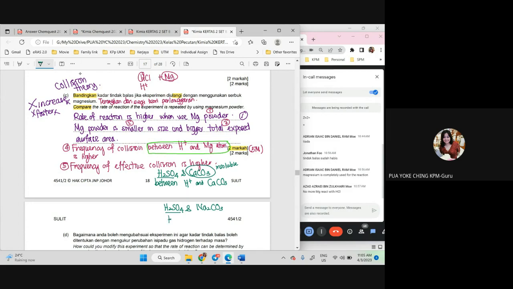H2SO4 mestilah H+. And tengok ni, soluble ke tak soluble? This is soluble. So, kalau soluble, maksudnya dia akan jadi Na+ dengan CO3 2-.